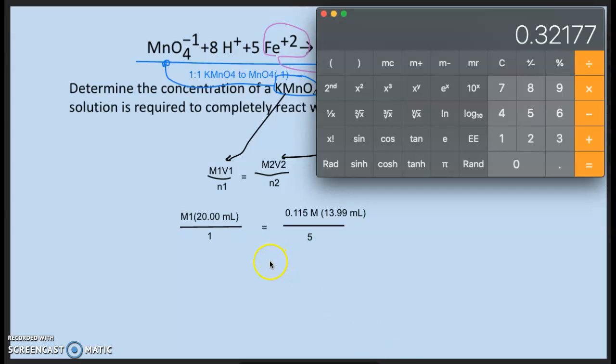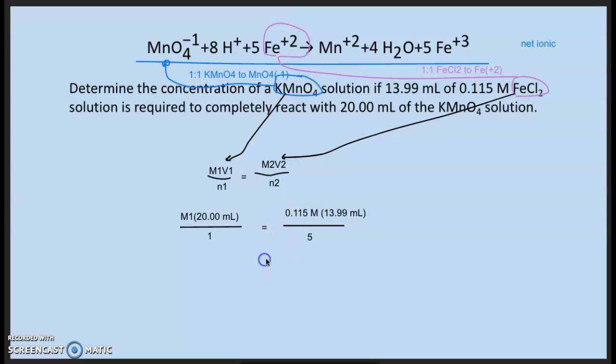So I get, on this side of the equation, 0.322 molar times milliliters. And on this side of the equation, I have M1 times 20 milliliters still.